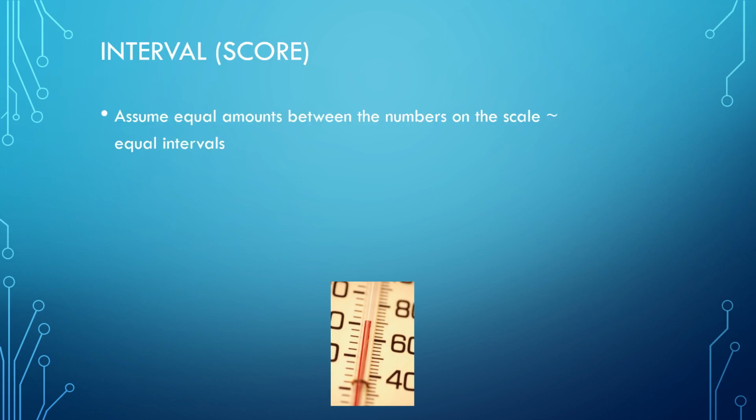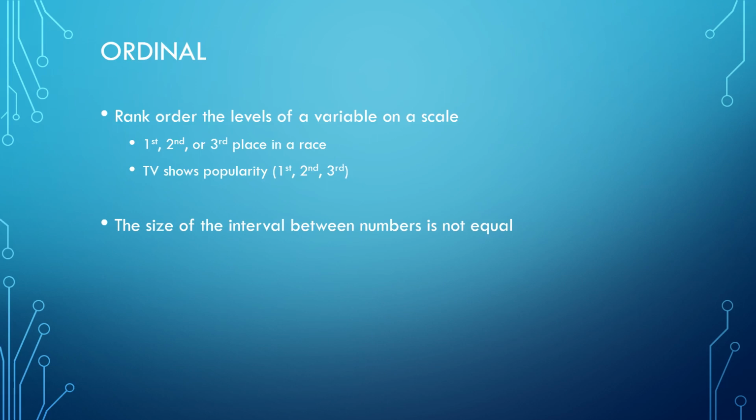I will say we're really not going to talk much about ordinal, if at all, in this class, because the statistics we use would be a different type than we're going to cover. It would be in a more upper division or higher level statistics class.